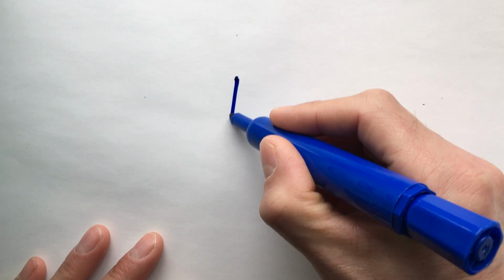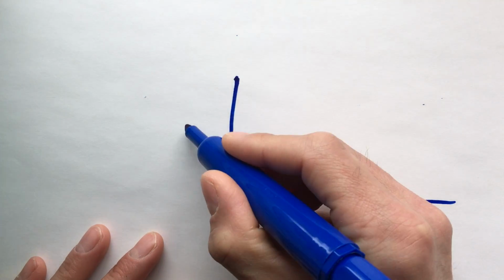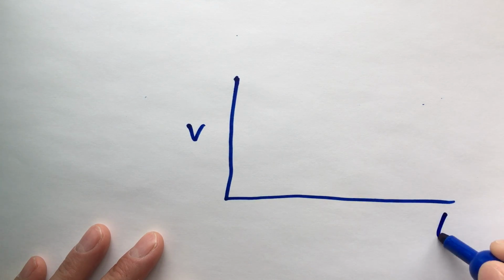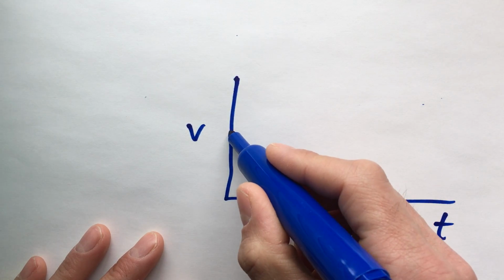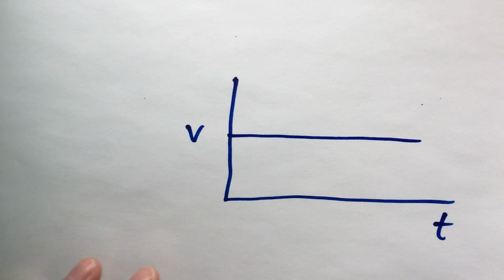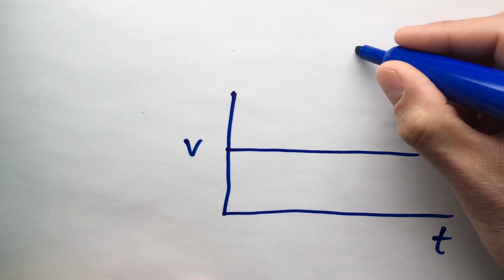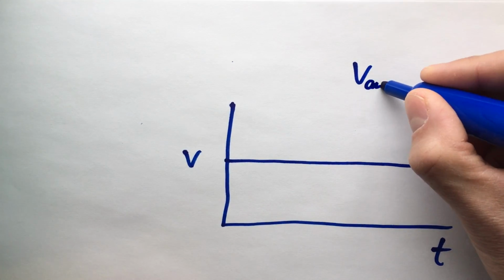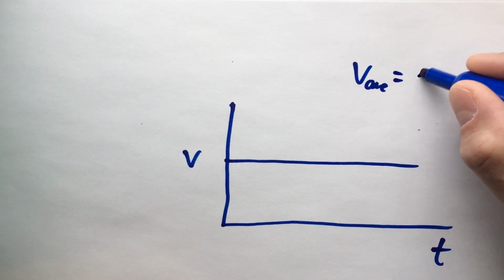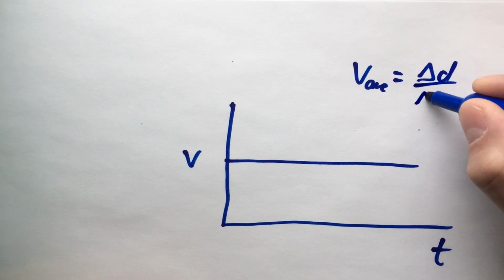Okay, consider a plot where you're looking at the velocity of an object plotted against time. Now, you know that by definition, the average velocity is displacement divided by time.